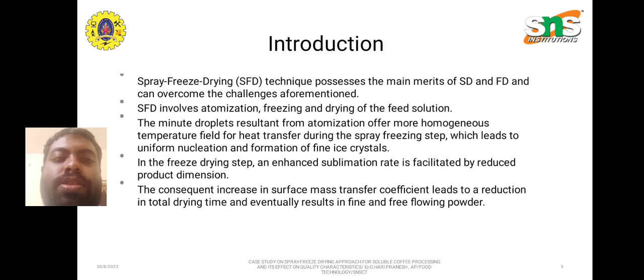In the freeze drying step, an enhanced sublimation rate is facilitated by reduced product dimension. The consequent increase in surface mass transfer coefficient leads to a reduction in total drying time, and eventually it results in fine and free flowing powder.